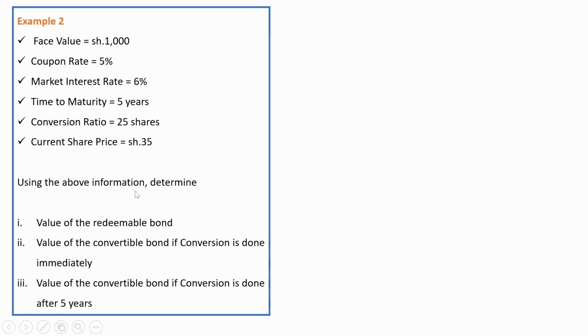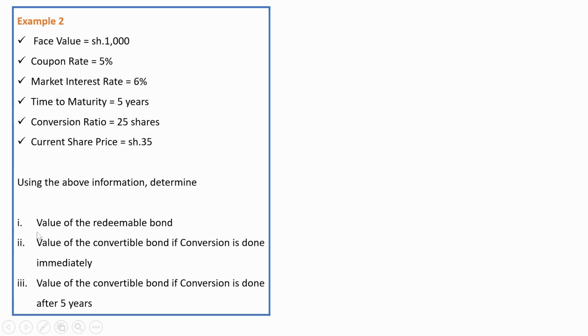So using the above information, determine 1. Value of the redeemable bond. 2. Value of the convertible bond if conversion is done immediately. 3. Value of the convertible bond if conversion is done after 5 years.